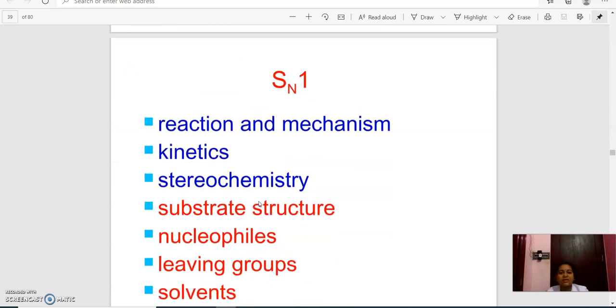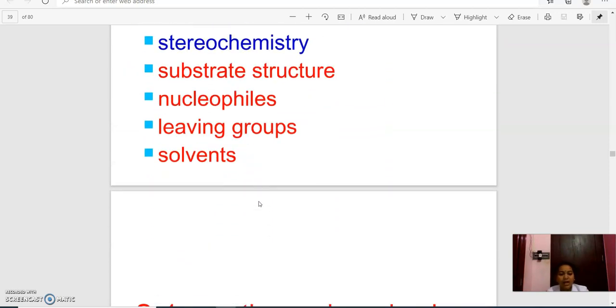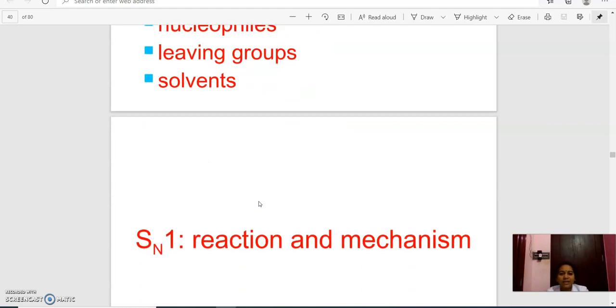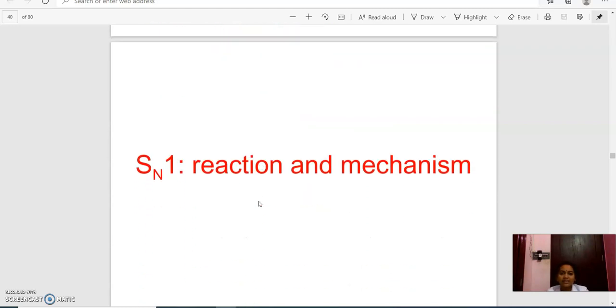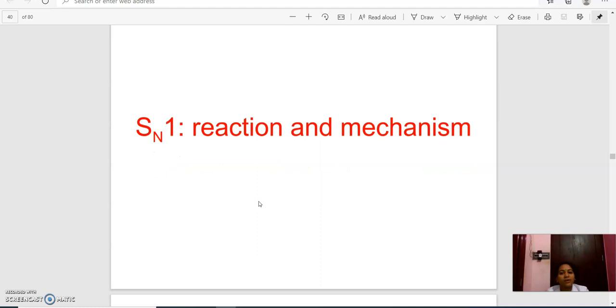So then let's check the stereochemistry of the SN1 reaction. In the case of the SN2 reaction, we know that it is a bimolecular reaction, so we have to consider the nature of the nucleophile and similarly the nature of the substrate.